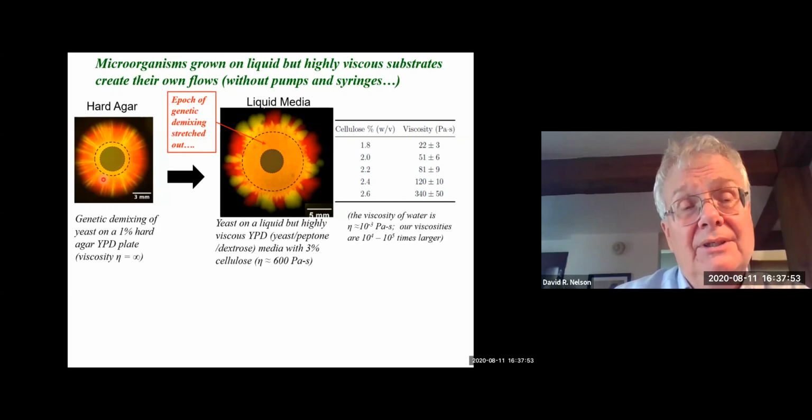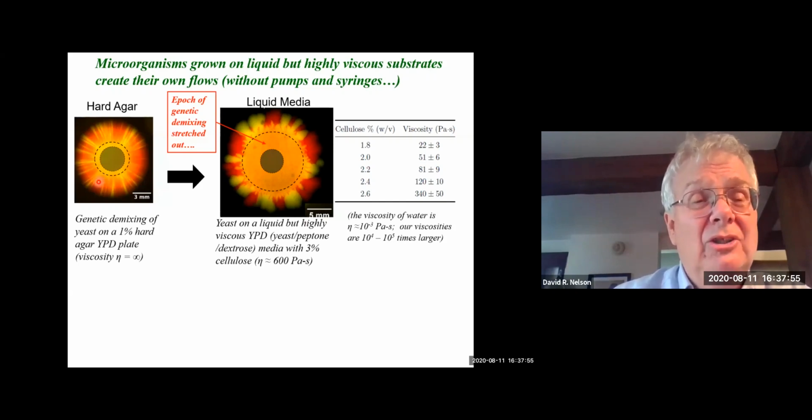What happens is a stochastic outcome locally at any angle or position around this growing colony. It's either going to be yellow or red, and it decides due to number fluctuations. So the stochastic effects that Yariv was alluding to play a role here.